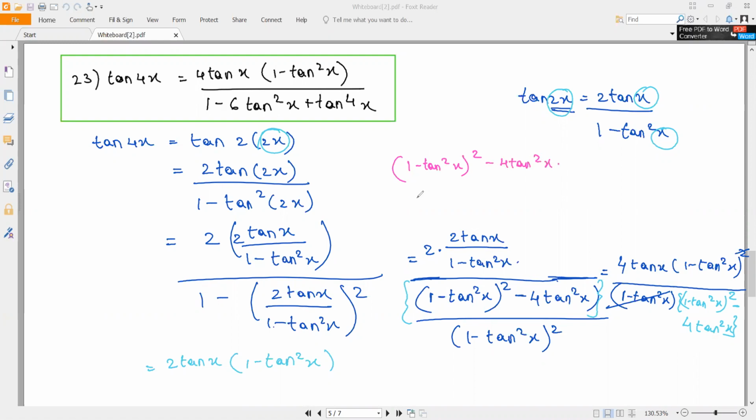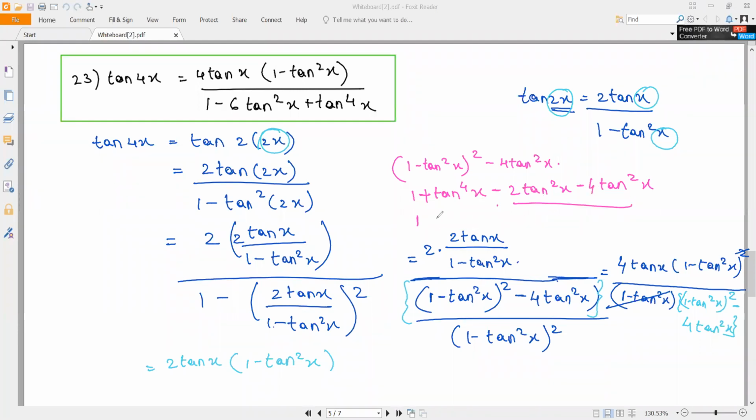So 1 minus tan square x whole square minus 4 tan square x is equal to 1 plus tan 4x minus 2 tan square x minus 4 tan square x. So what you've done is you've applied (a minus b) whole square. This is 1 minus 2 minus 4, after calculation, it will be 6.